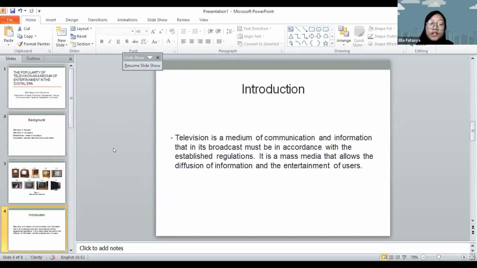The introduction: television is a medium of communication and information that in its broadcast must be in accordance with the established regulation. It is a mass media that allows the diffusion of information and the entertainment of users. I took this topic because I want to explain about the development of media, especially television nowadays.